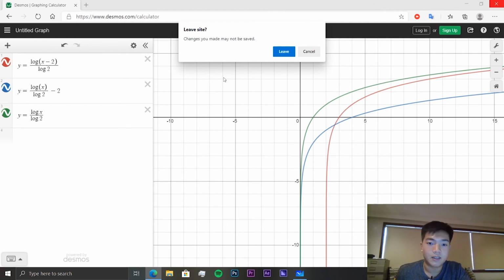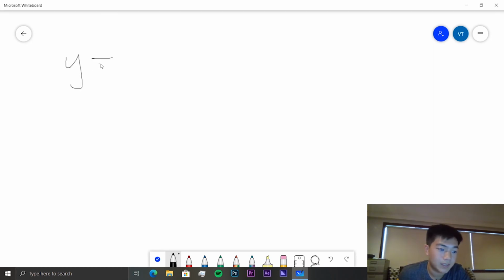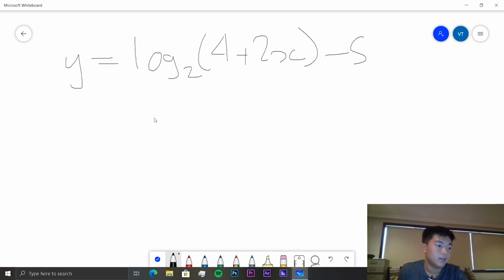So let's look at the final question, which is to identify the domain, any asymptotes, and axis-intercepts of this function. y = log_2(4 + 2x) - 5. So we need to get the domain, any asymptotes, and axis-intercepts.